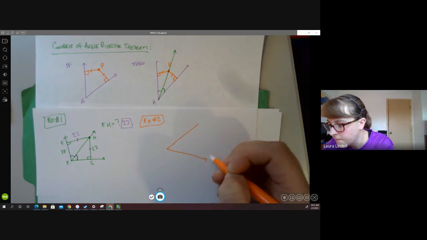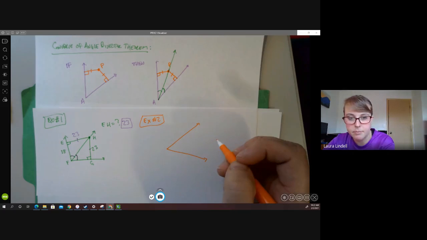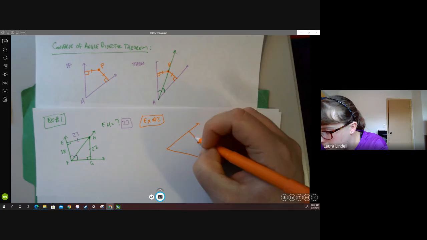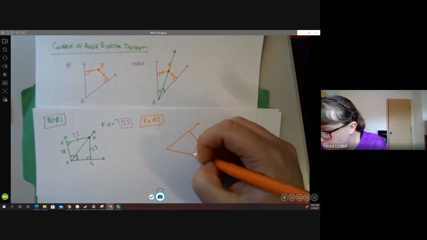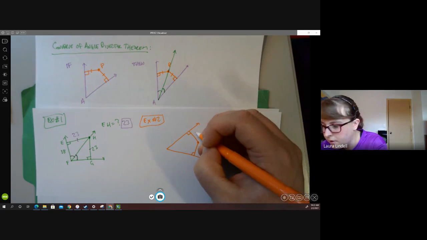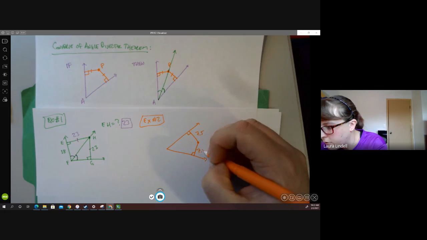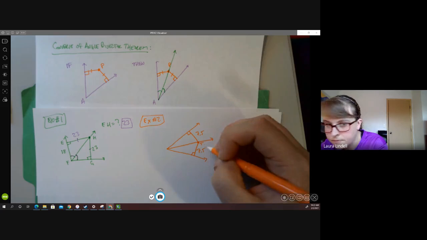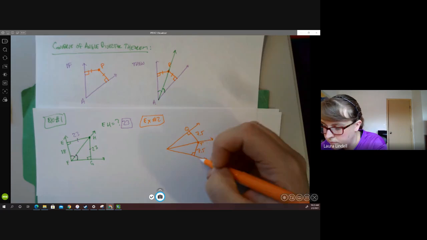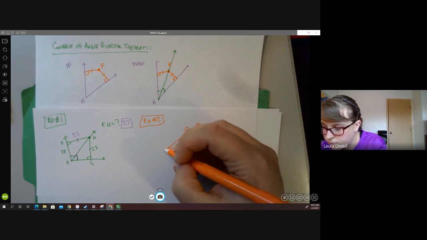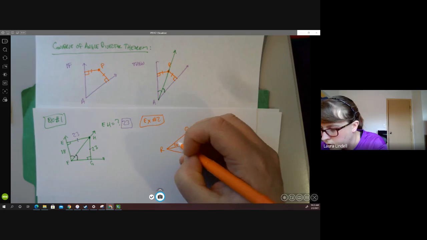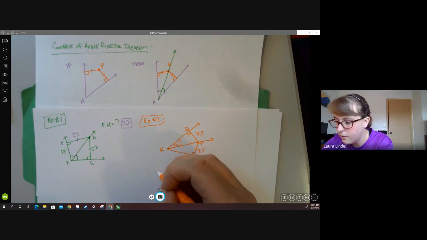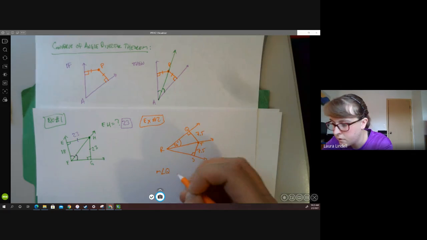So on this one, for our second example, we're going to have a point out here that is 7.5 units from either side of the angle. And we know that this angle here is 26 degrees. And we want to know what is the measure of angle QRS.